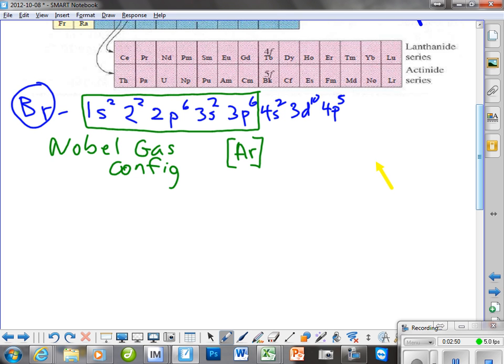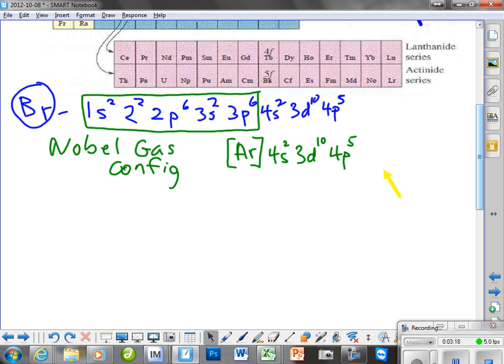I'll do that in green to show that we're rewriting it, but this is different now because it's in the noble gas configuration. 3d10, but the numbers are no different. 4p5. And now I've completed the noble gas configuration for bromine, which has to start with argon. So here we have our noble gas configuration. Here we have the complete configuration for bromine.